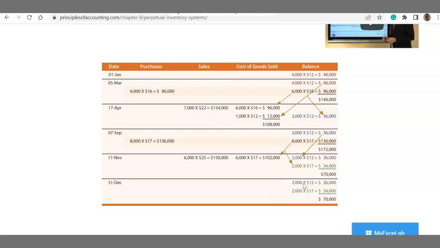So you have to show that at the end of the year, you have two LIFO layers left: the leftover LIFO layer of year one and the leftover LIFO layer of year two. In year two, you might have three different prices, $17, let's say $16 and $15.